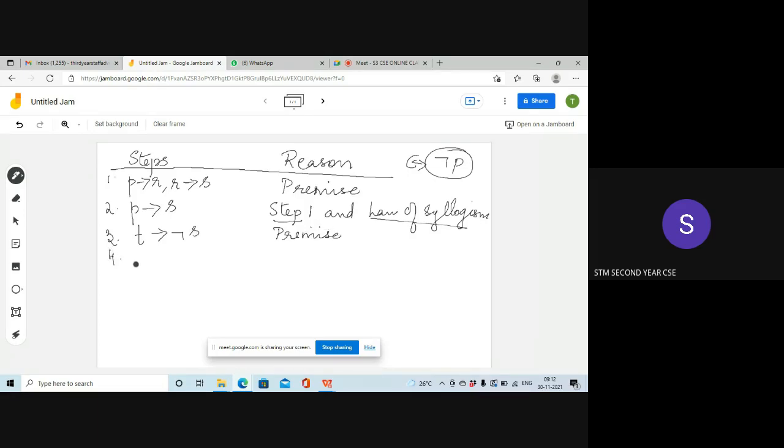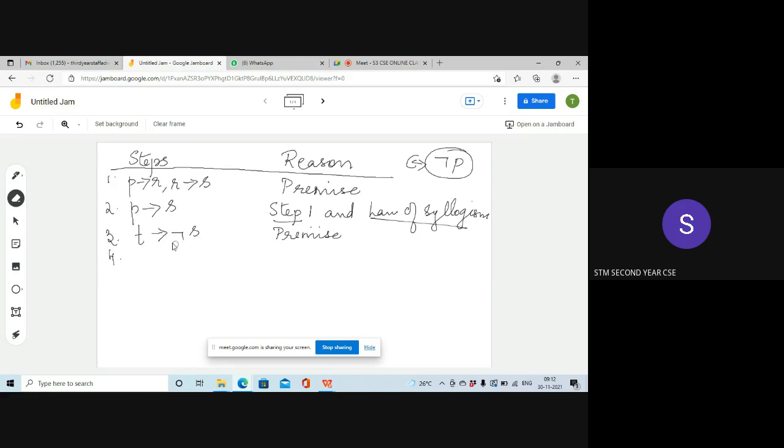Then in the fourth step, I'm going to convert this. Sorry, the third premise was T or not S, isn't it?